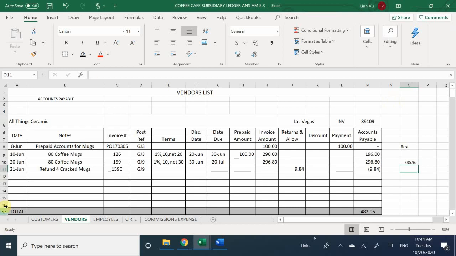But hypothetically, if I wanted to, I could have placed it right here, $9.84, and that would have reduced my accounts payable to now $896.96. But the only problem is you have no room to place all of your extra information, such as the date that it happened, what you are returning, and what invoice it belongs to.